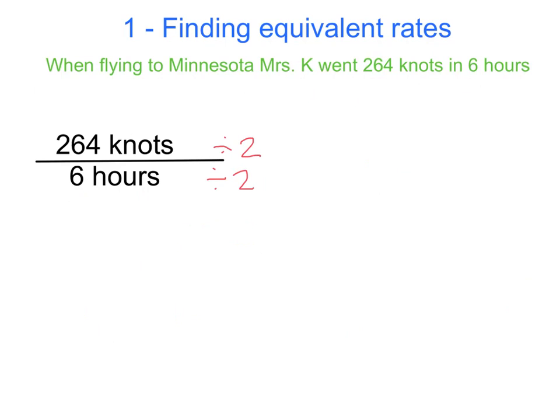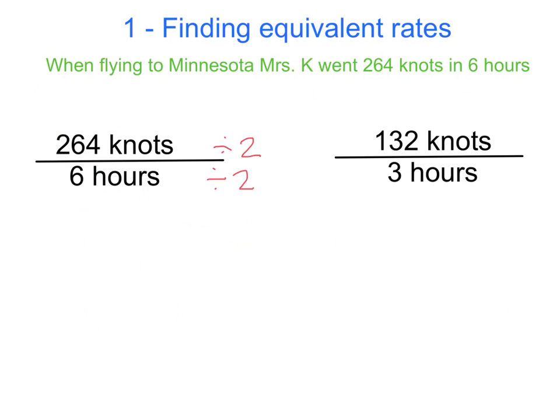By doing this, we result in a new rate of 132 nautical knots in 3 hours. So it's still the same speed of the plane, but just a different amount of time, and that's half of the time.